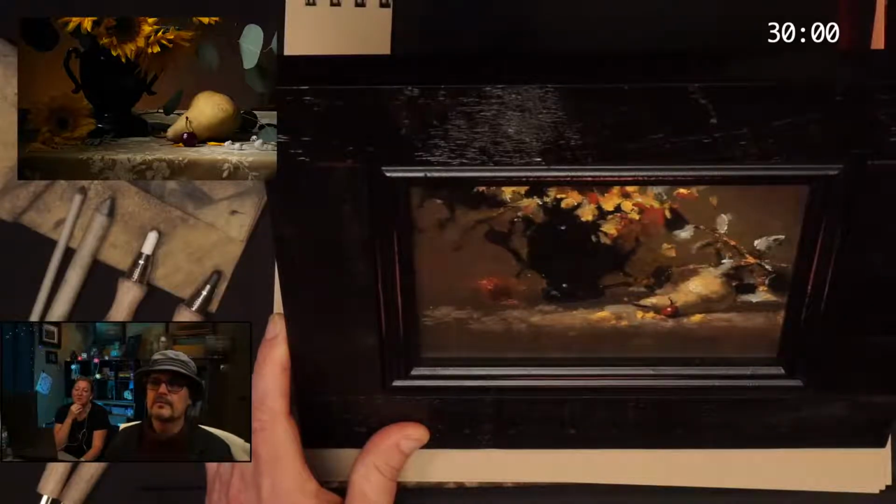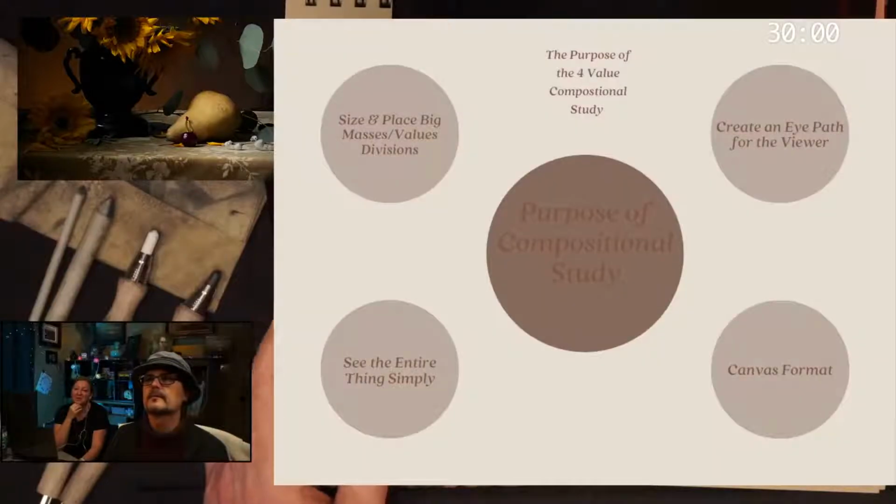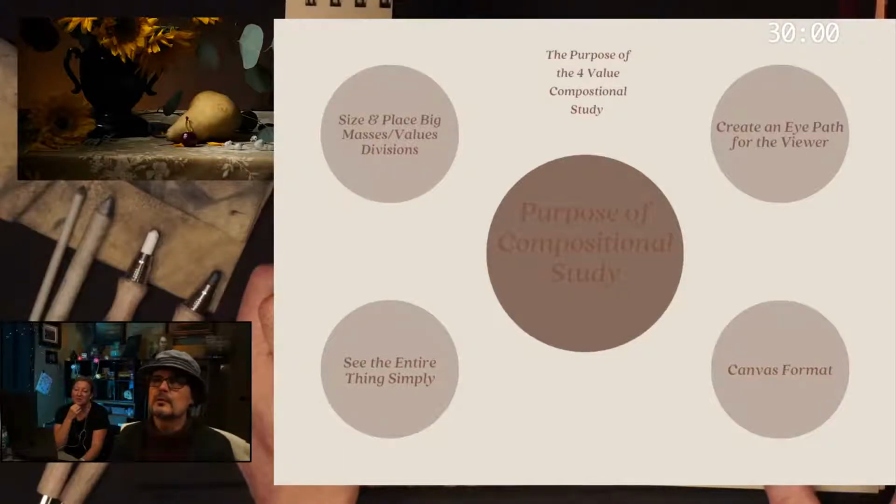Okay, so let's review what the compositional study is all about. The purpose is to size and place a few big masses, values, and divisions. The other purpose is, again, not to get something finished that you're super proud of.